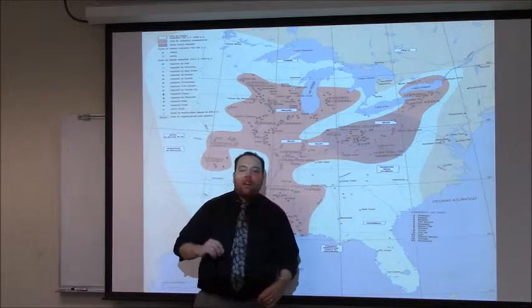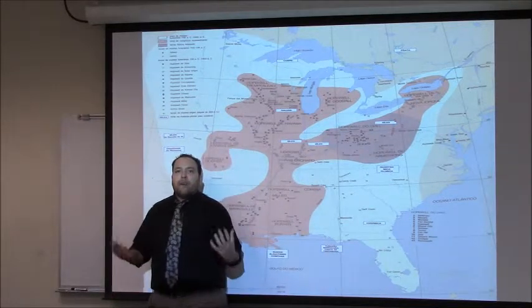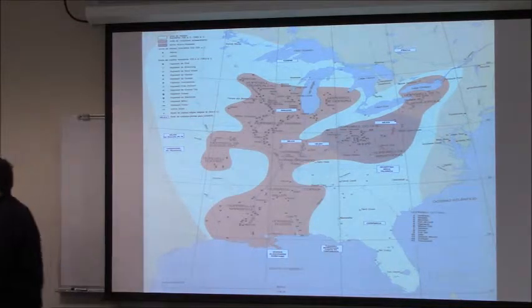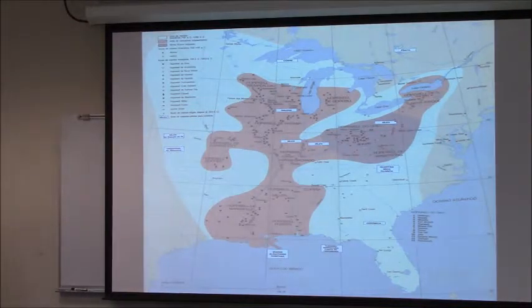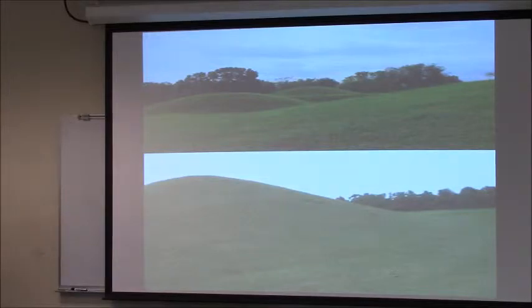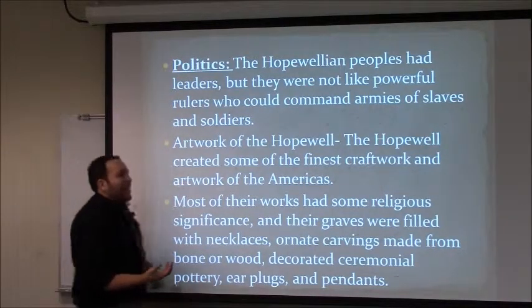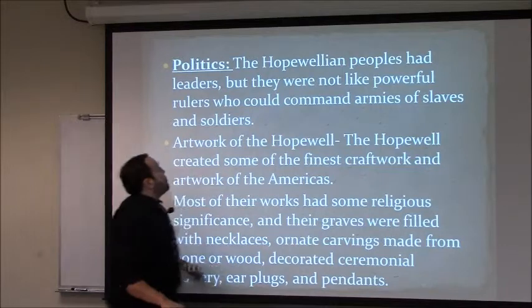So this is why we know that there is this massive system of exchange. It's because we found evidence of the Hopewell culture in all of these different areas here. The Hopewells also built mounds, as you can see in these pictures here, undoubtedly because they're from the same region as the mound building culture.